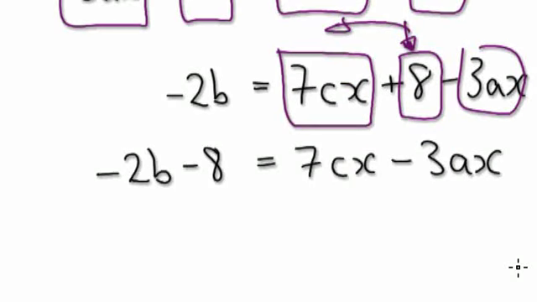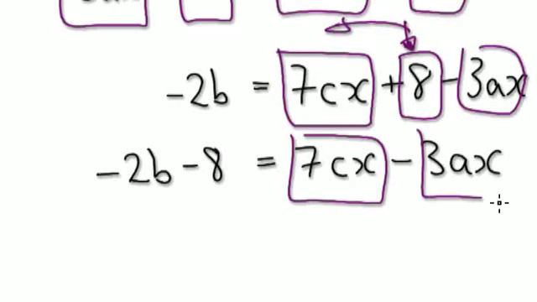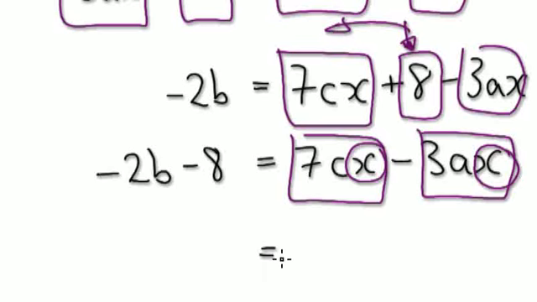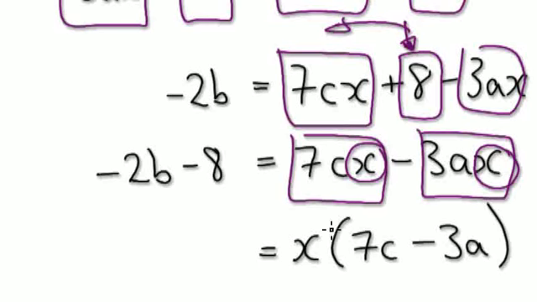Okay, you could do this, and then now visualize it as this block taking away this block here. So you can see that X is in common here, X is in common here. So factorize it. So here it will be X and then bracket 7c minus 3a and then close it.